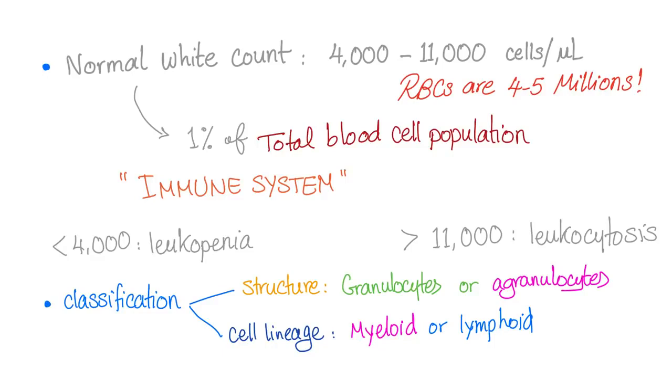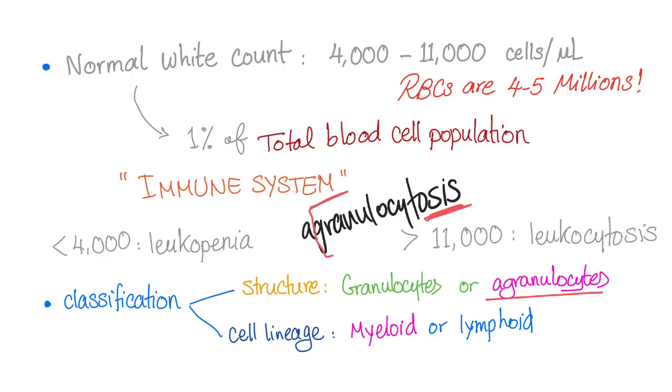Now, there is a condition called agranulocytosis, okay? Now, students get confused. What do you mean by agranulocytosis? Do you mean that the agranulocytes are increased or that the granulocytes are non-existent? Like, is the A here negative, which means agranulocytes, or does A negative mean there are no granulocytes?